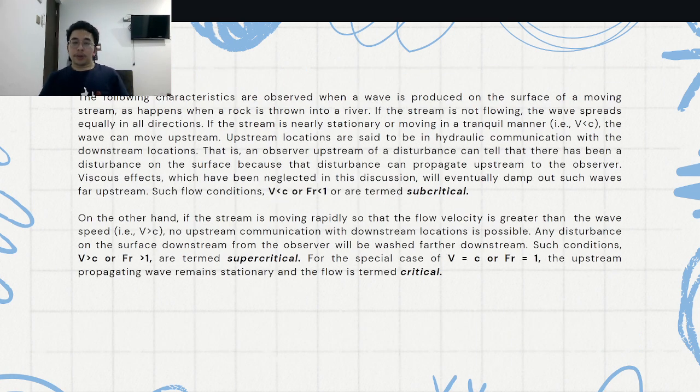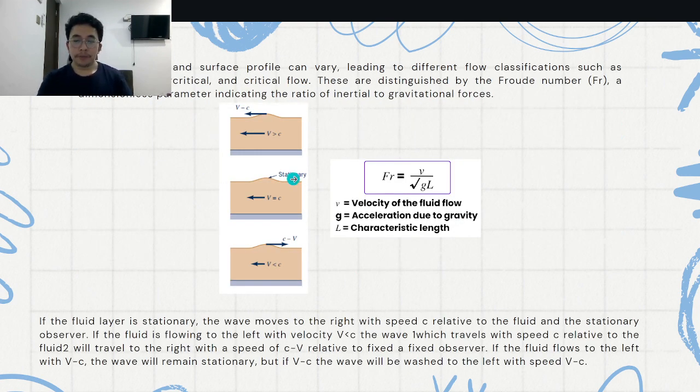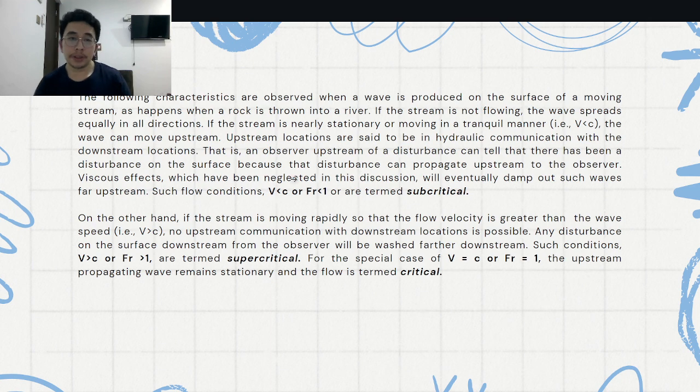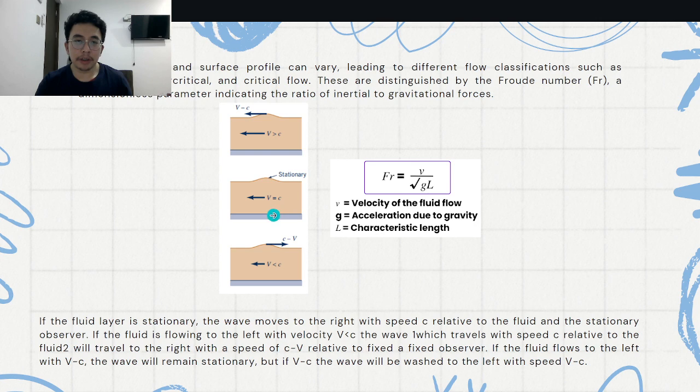Okay, so I'm going to explain a little bit about the characteristics of this picture right here. The following characteristics are observed when a wave is produced on the surface of a moving stream, as happens when a rock is thrown into the river. So basically, there's a rock right here that makes the flow of the water, the fluid, create a bump.